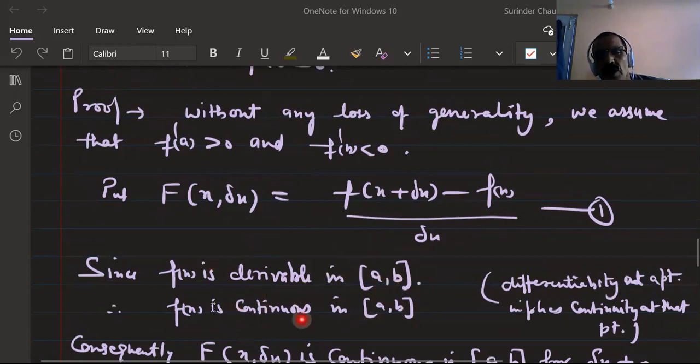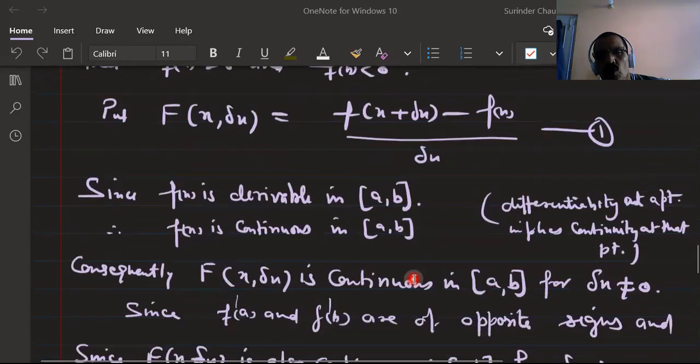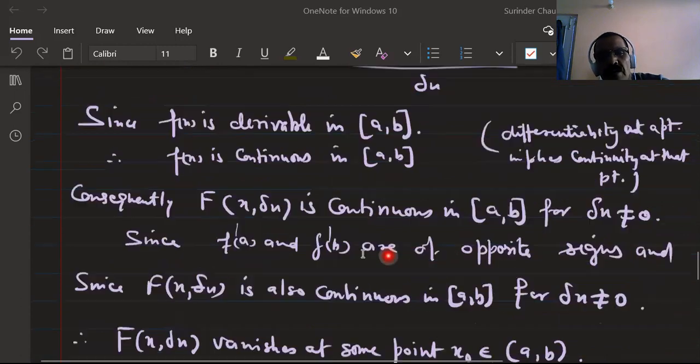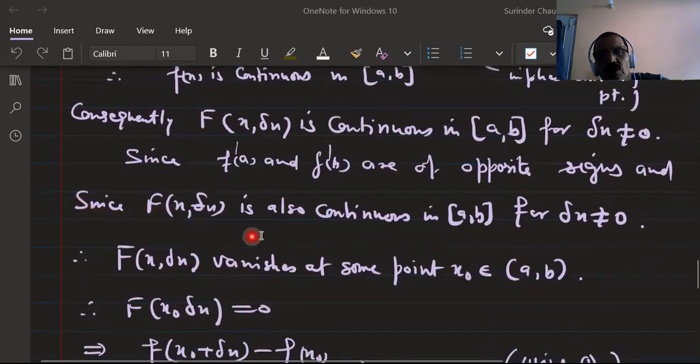Differentiability implies continuity, so f is continuous on the interval. Consequently, this function is continuous on the interval. Since f dash a and f dash b have opposite signs, and since this is continuous on the interval, f vanishes at some point x not between a and b.